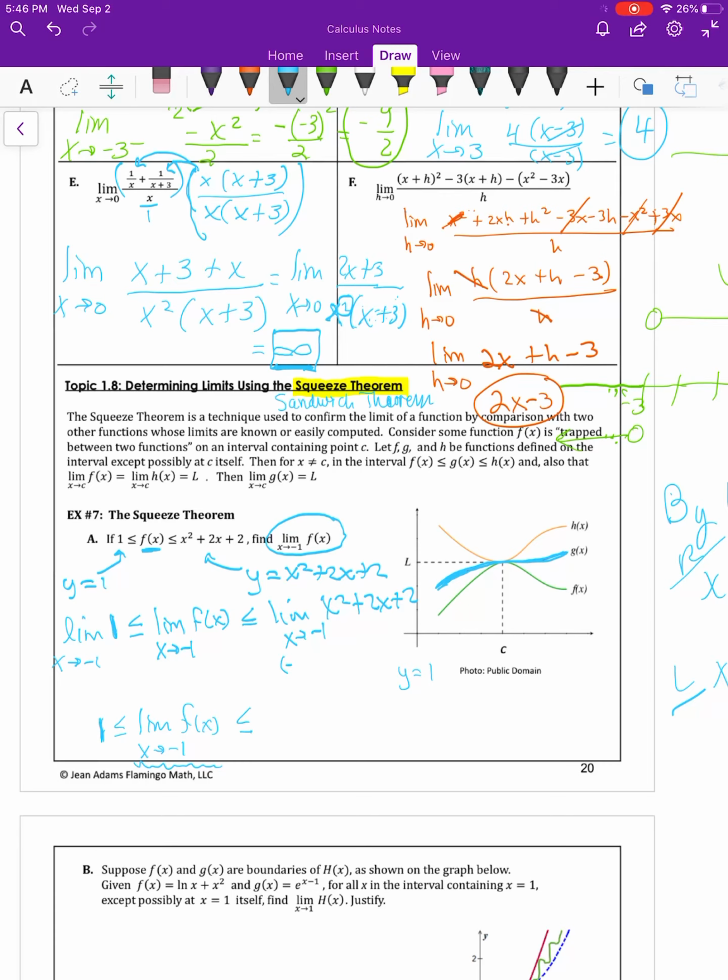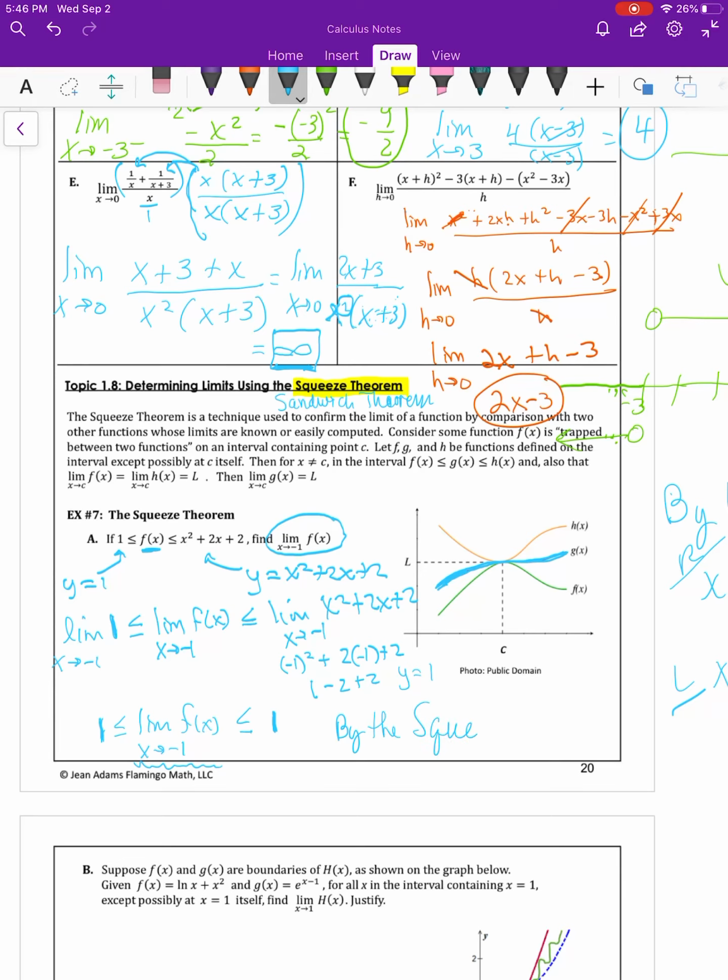So I'm going to try direct substitution for this one. I'm going to try putting -1 and squaring it plus 2 times -1 plus 2. And so that's going to be 1 minus 2 plus 2. And so this actually simplifies to 1. So if this is sandwiched between 1 and 1, that means this has to be 1.